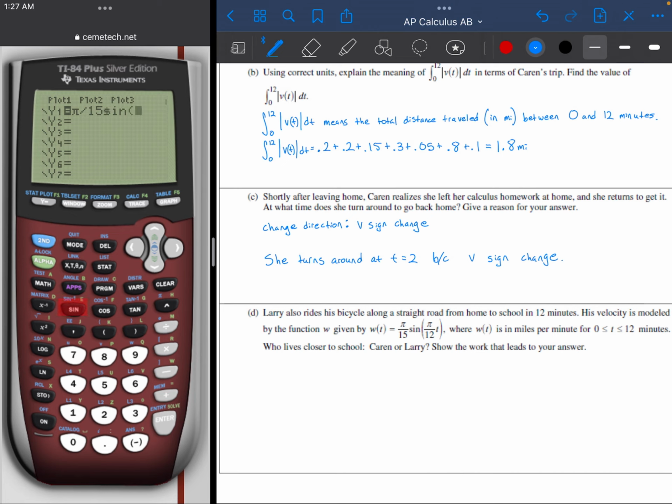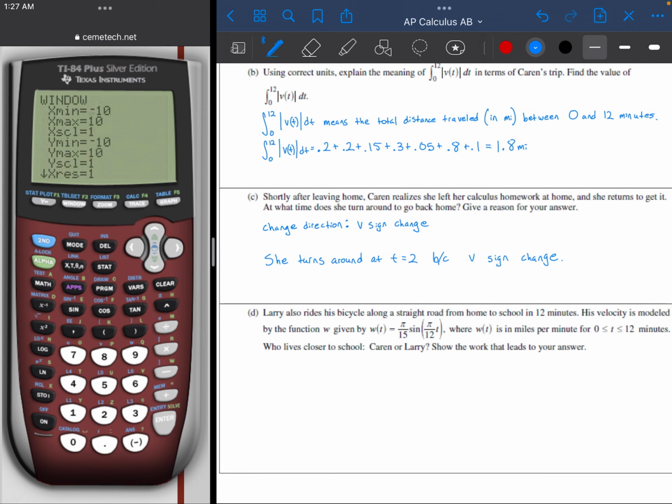To prove it to myself, I'm just going to type in sine, because sine should theoretically be on the top since I don't have any parentheses. Sine of pi over 12, and then t. Again, I don't think you need parentheses. You don't need to say times or anything. That x is really on the top. That should now be the correct equation, which looks kind of funky, but there it is.